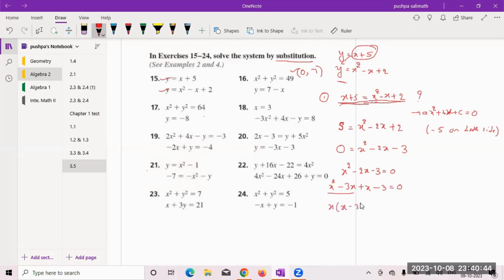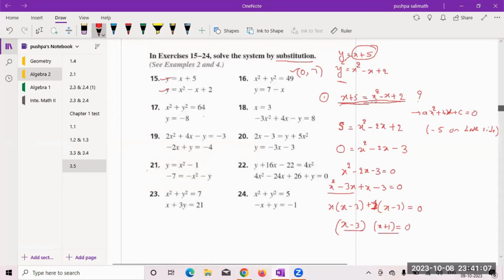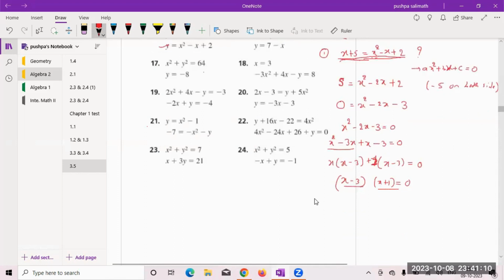So x minus 3 plus 1 common, x minus 3 is equal to 0. So when I factor, I'll get x minus 3 and x plus 1. Right? These are the two factors. So using this zero property, what I will get? Either x minus 3 is equal to 0 or x plus 1 is equal to 0. So here I'll get x is equal to 3 or x is equal to negative 1, right?